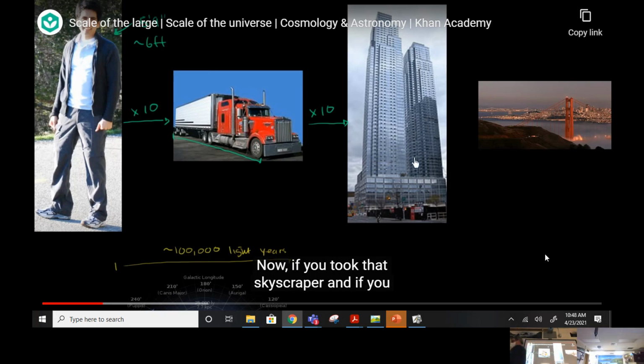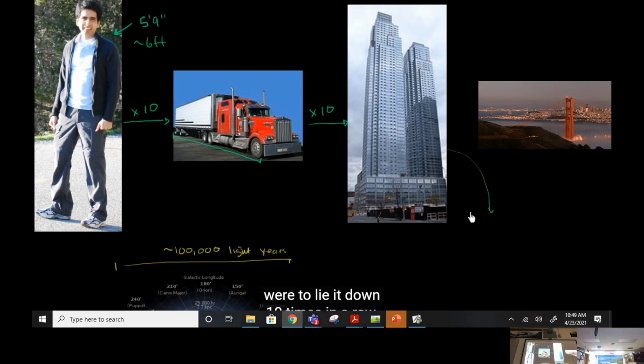Now, if you took that skyscraper and lay it down 10 times in a row, you'd get something of the length of the Golden Gate Bridge.